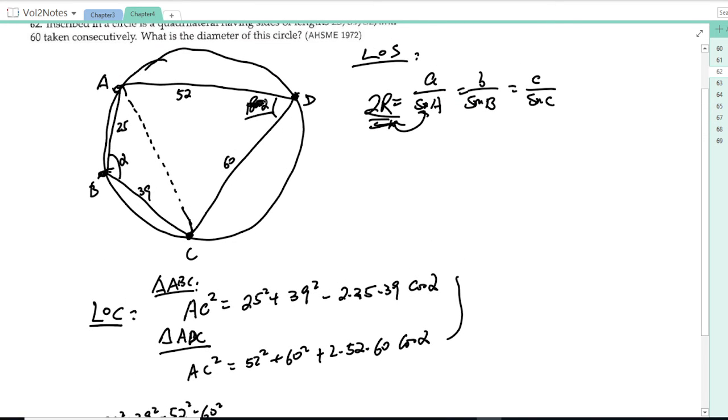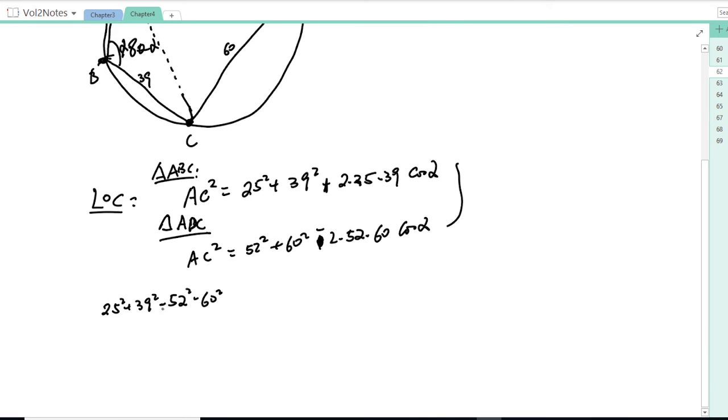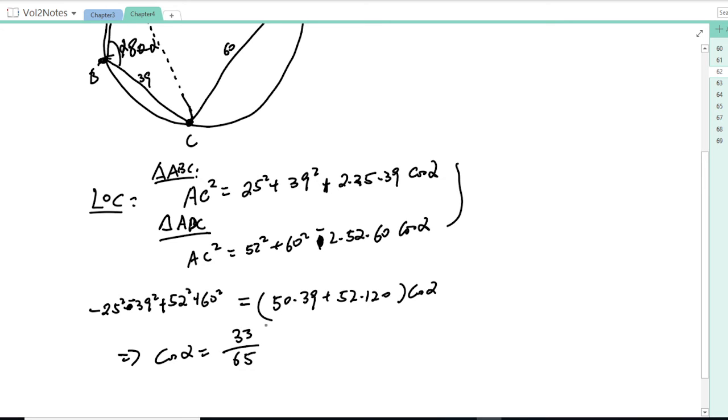Let's assume this is alpha, and take the positive sign, it doesn't matter. So now this part equals 2 times 25 times 39 plus 52 times 120 of cosine alpha. Then we can solve cosine alpha equal to 33 over 65.